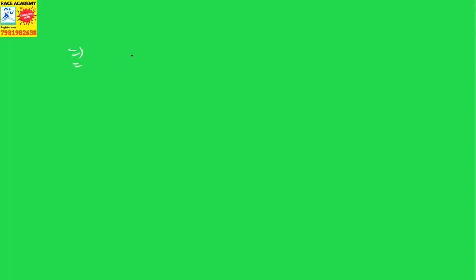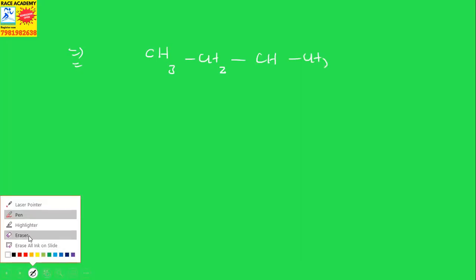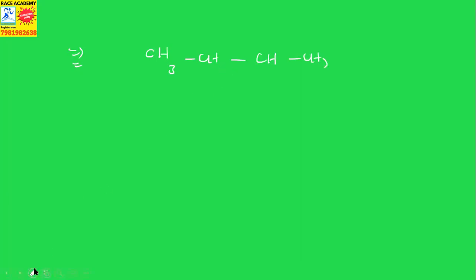Still, we have some examples to talk about in RS. We'll see. If you take a general organic compound example like CH3, CH2, CH2, CH3, if you attach some groups to the carbons in the chain, here if you attach bromine, here if you attach chlorine, this is the second one, this is the third one, as per IUPAC nomenclature.